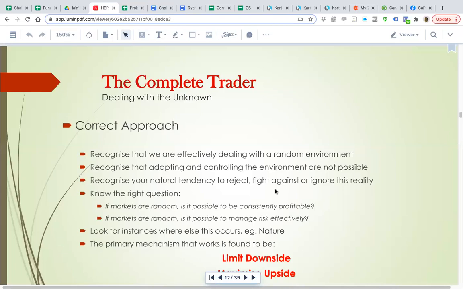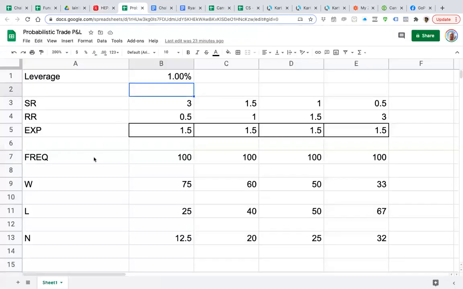All right, so this brings us to the issue that we have to deal with in our trading. So we often use gambling examples to illustrate this principle. You guys have seen me use spreadsheets like this, where it's the probabilistic P&L, effectively, where we can look at different types of strategies, where things pan out differently.